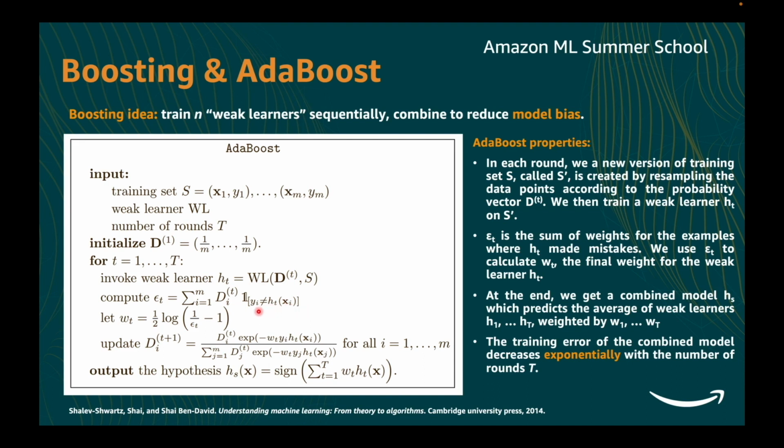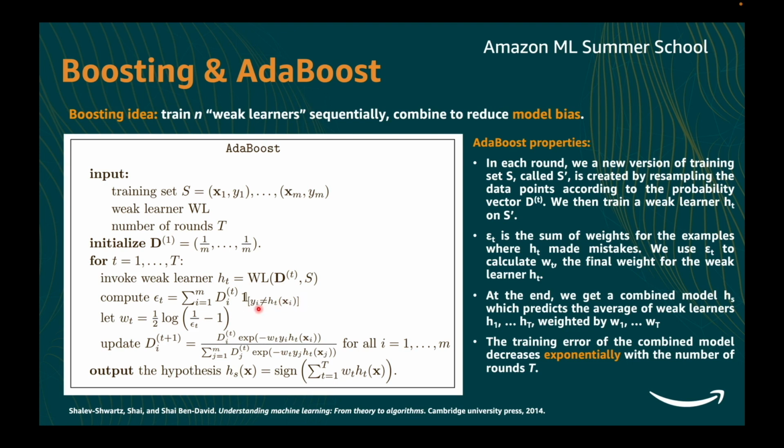What this equation is essentially doing is saying, okay, using the model I have just trained, I'm going to predict on all of my training samples again and get predictions h_t(x_1), h_t(x_2), etc. Those are all of my predictions.